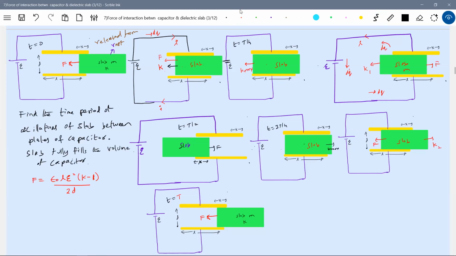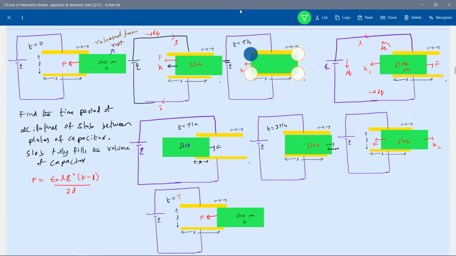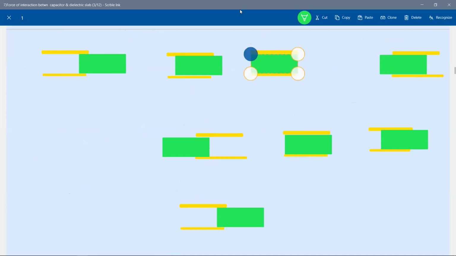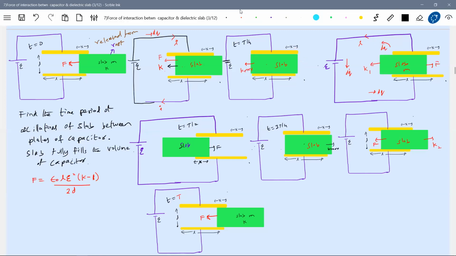Here, what about force, sir? Can you say anything about force? No force will act here because the fringing effect will be somewhere in this way. It is not fully between the plates. Now here, force F will not act. Because of kinetic energy, it will start moving out of the plates of the capacitor. Then the capacitance decreases, and the charge will flow in this way.